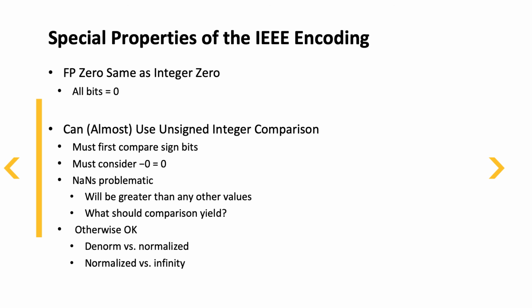Denormalized versus normalized, normalized versus infinity, all of our comparisons are going to work just fine for those ranges, but the 0s and the not a numbers are a little bit weird. So we've got to check for not a number, make sure that we're not dealing with a not a number before we process it like it is a number, and keep in mind that zeros have signs.